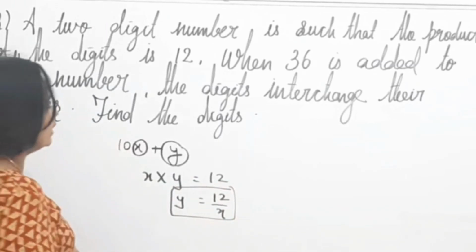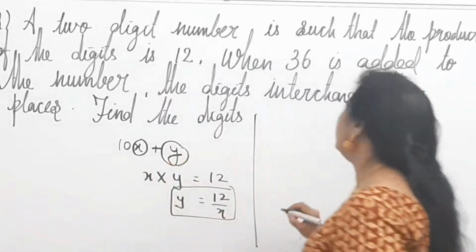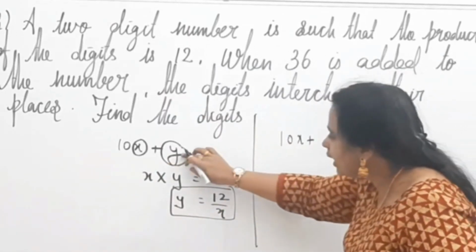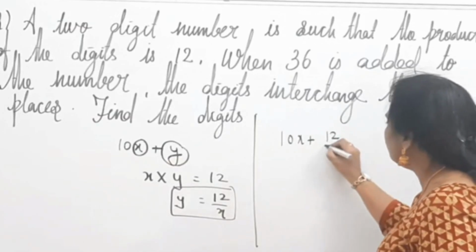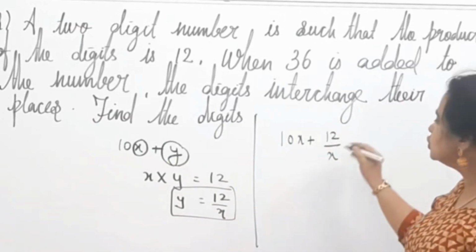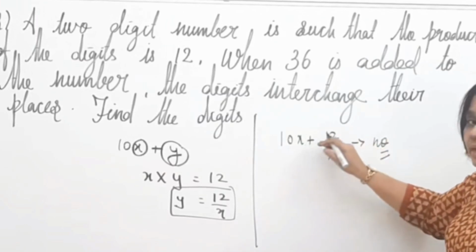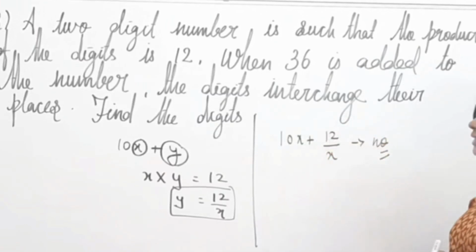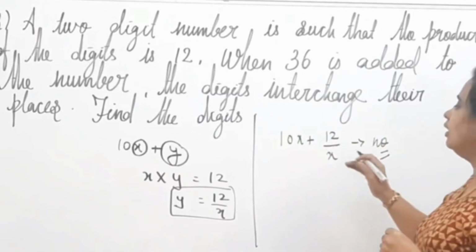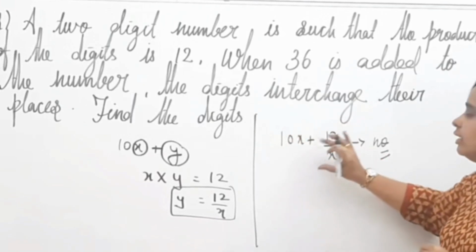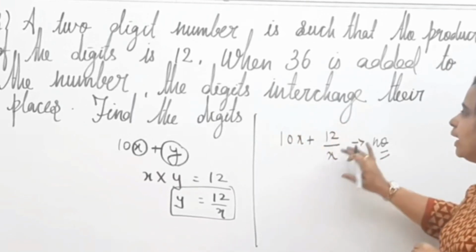Now, according to the condition, I have 10x plus this y, which is nothing but 12 by x. This is my number. So my number is 10x plus 12 by x. You have to be very careful in arranging the number 10x plus 12 by x.